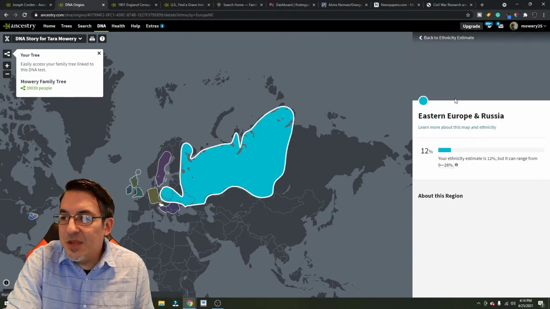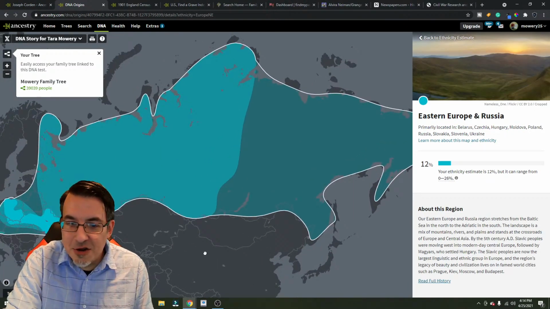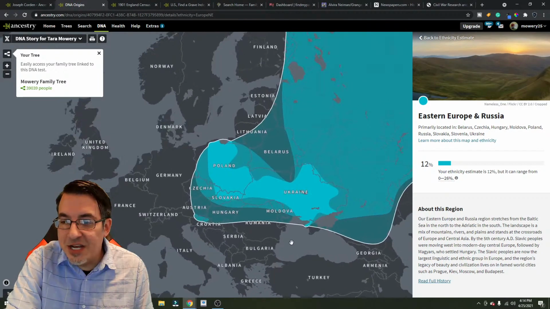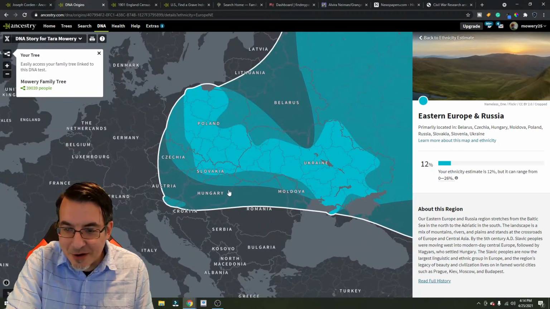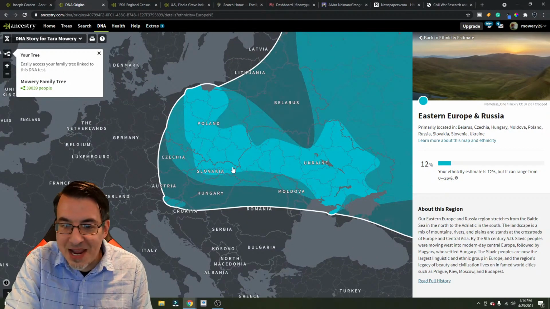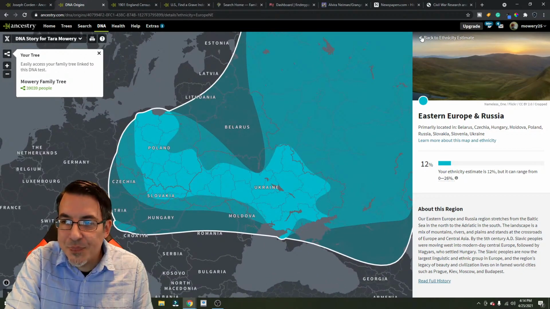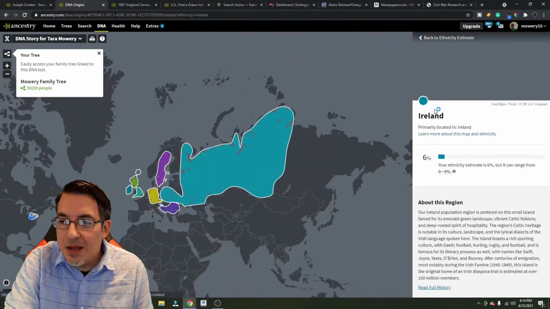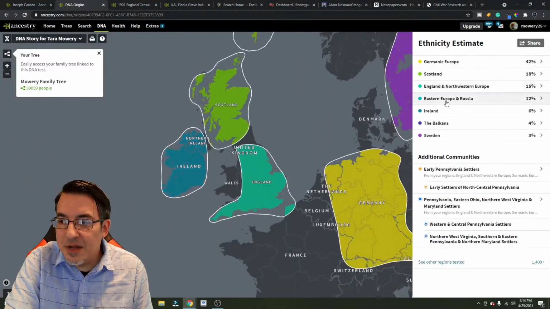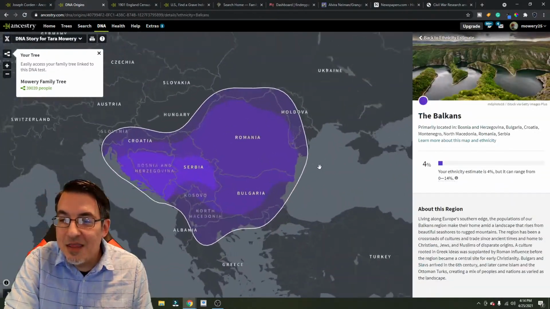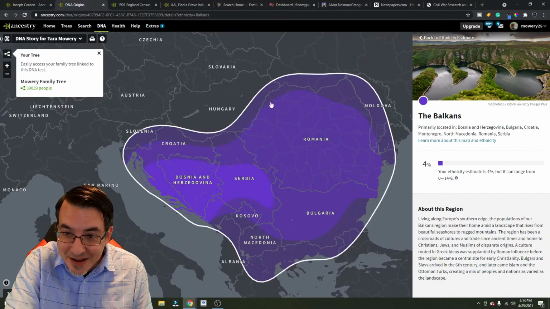She's got 12% Eastern Europe and Russia, which of course includes parts of Hungary, but could also be Poland, Ukraine, Slovakia, Russia, any of those places. 6% Ireland, 4% the Balkans. And again, that kind of overlaps Hungary a little bit.